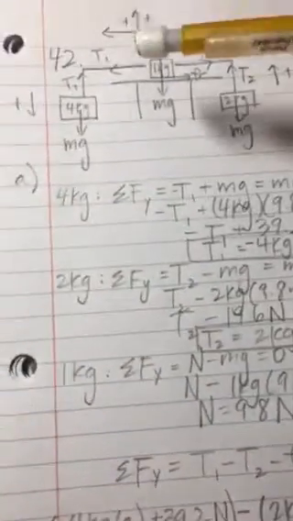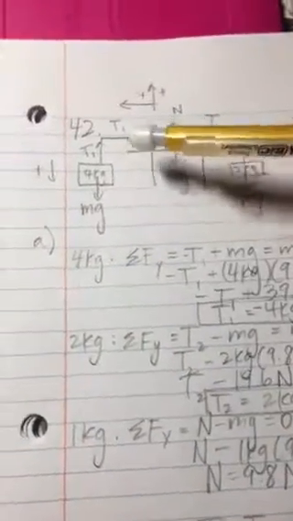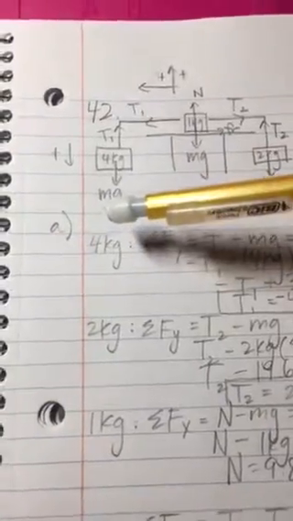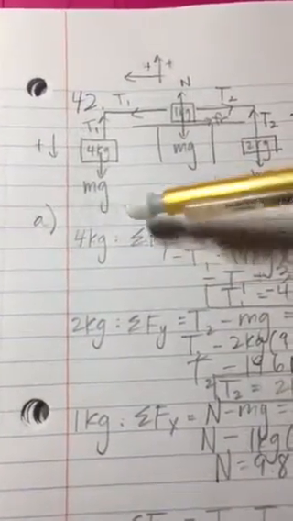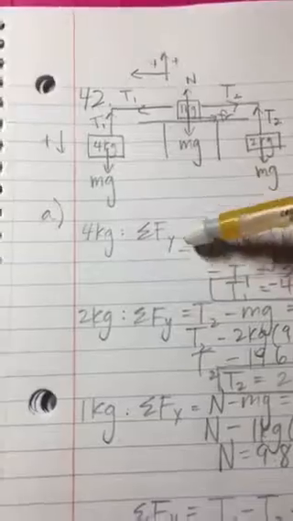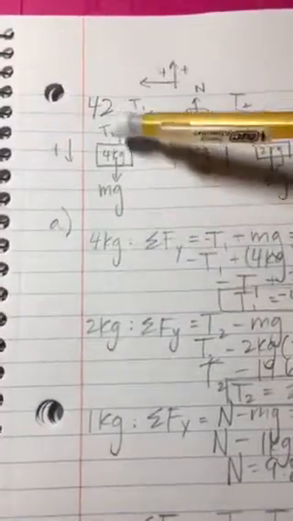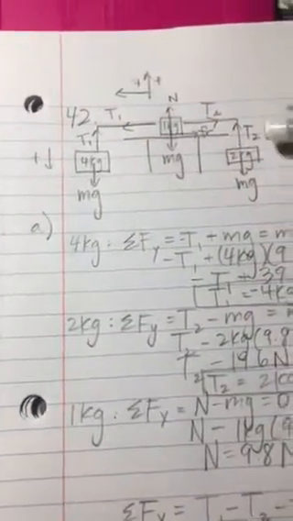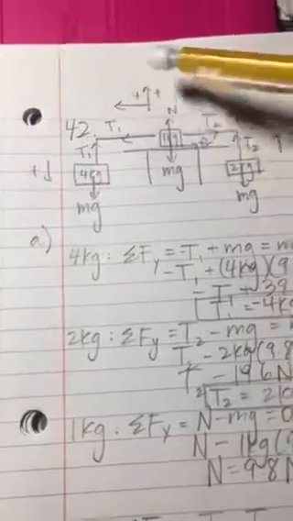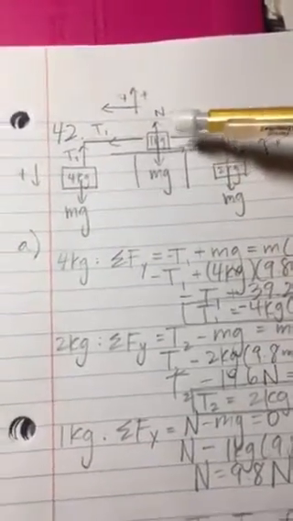So what I did was take the sum of the forces in the y direction for the 4 kilogram mass, the 2 kilogram mass, and then the sum of the x and the y for the 1 kilogram mass.